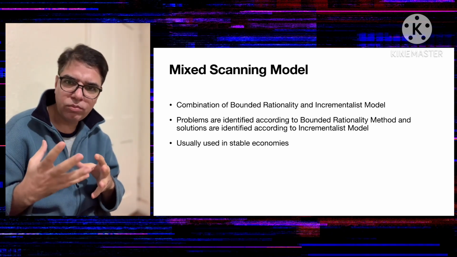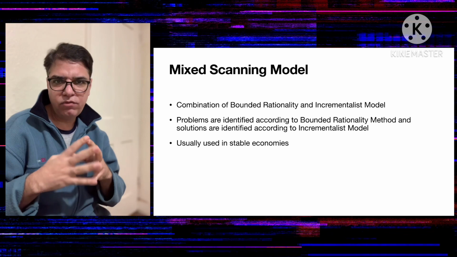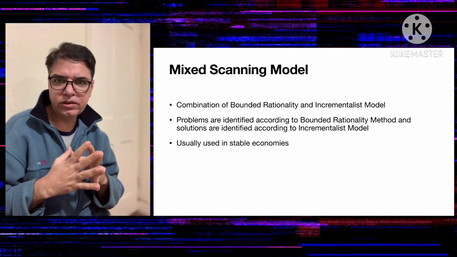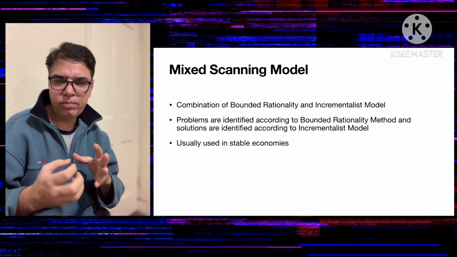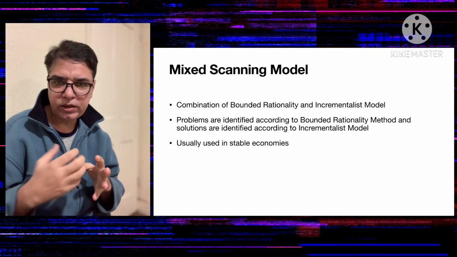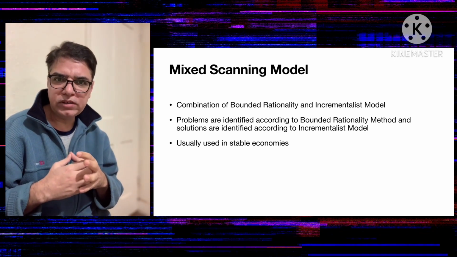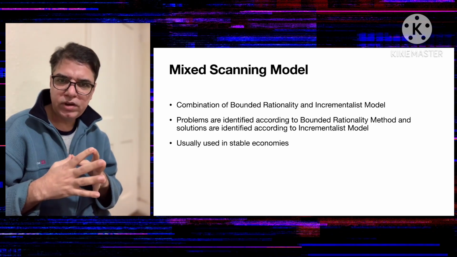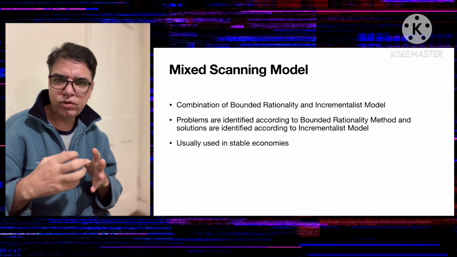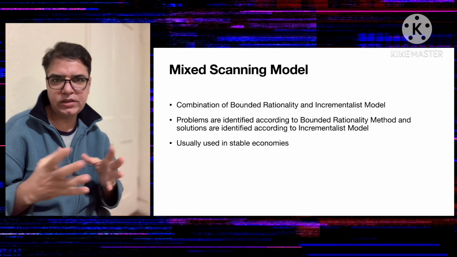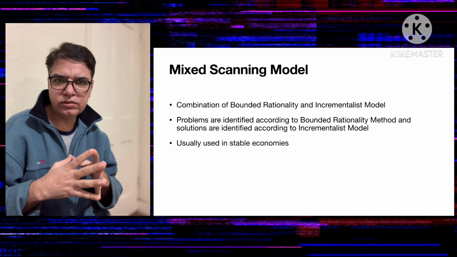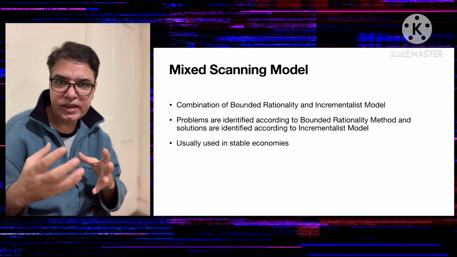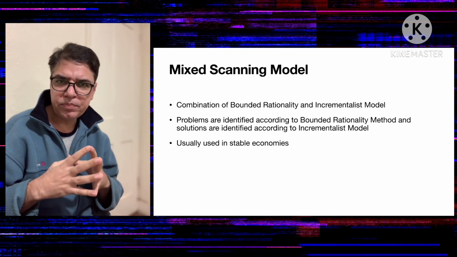So these are the four models of policy making, and for practical reasons the policymakers usually pick up one of these methods to formulate policies. Now in developed countries, where policy making is more of a scientific thing, you've got policy think tanks, and you've got various academia and intelligentsia involved in policy making.